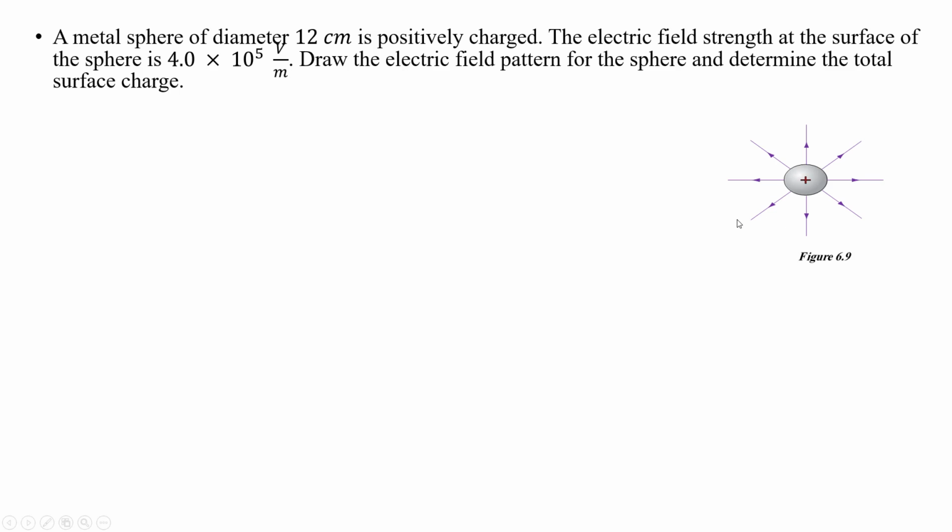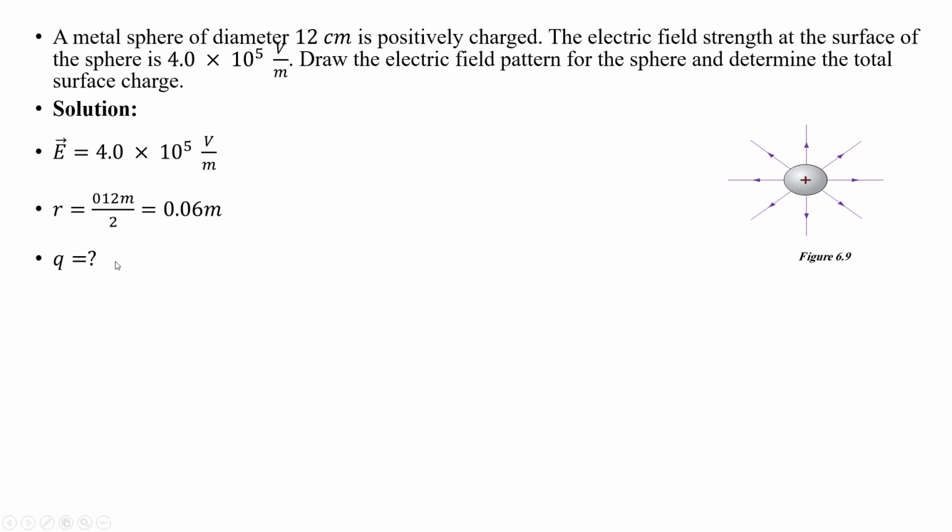You have to draw in the same manner. Electric field is 4.0 × 10⁵ volt per meter. Radius, the distance, is from diameter 12 cm. Diameter is given, and so we can find the radius as diameter divided by 2. It would be equal to 0.06 meter.